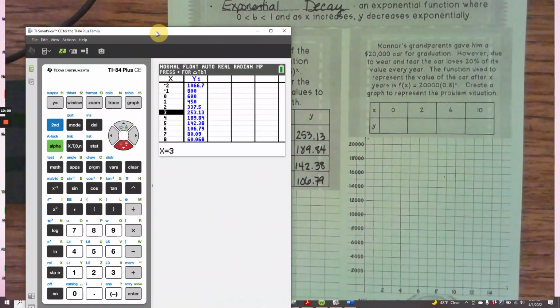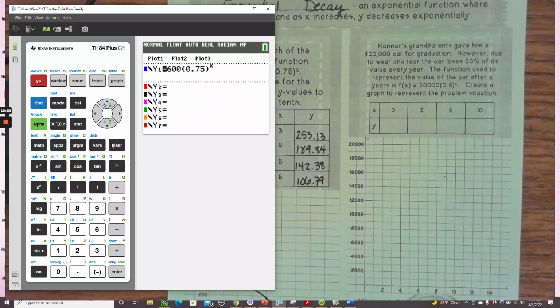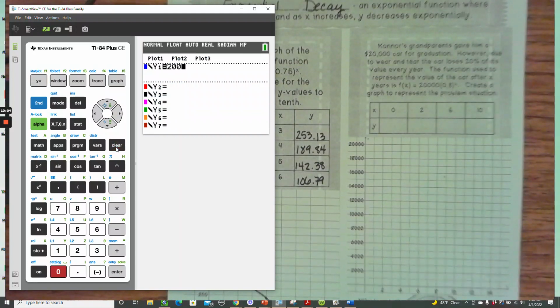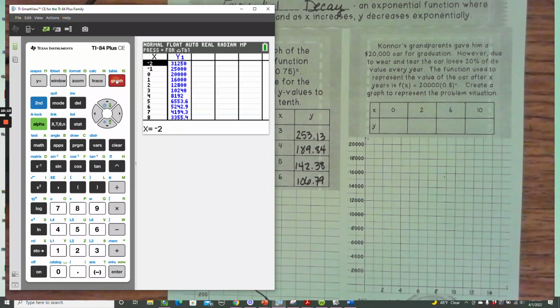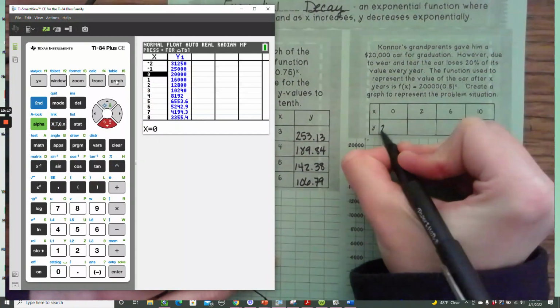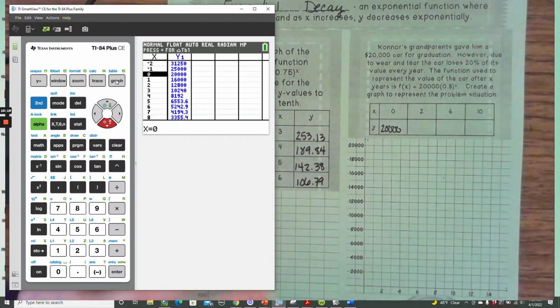All right, so same thing. I'm going to go to our y equals function and type our function in to the x. Go to the table. So 0 here is 20,000.